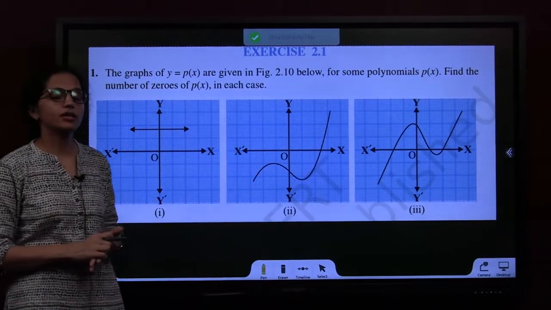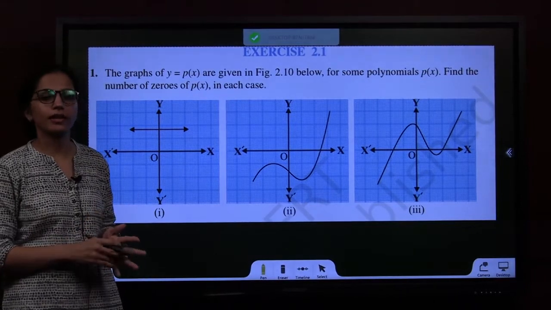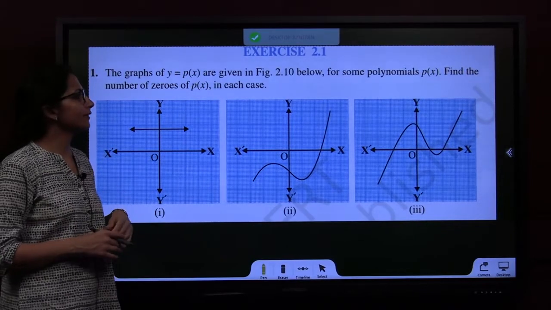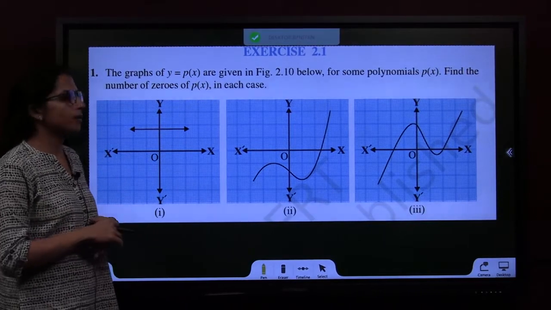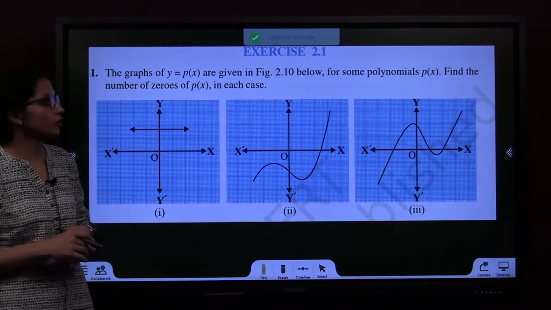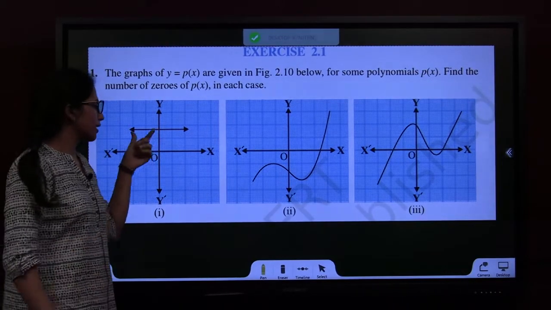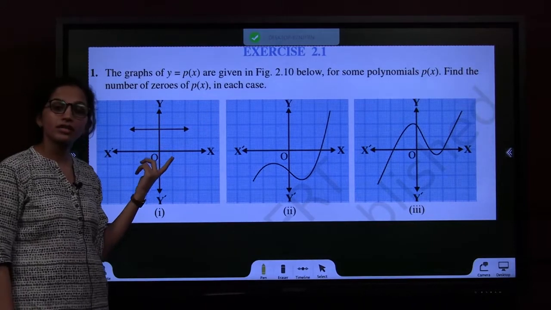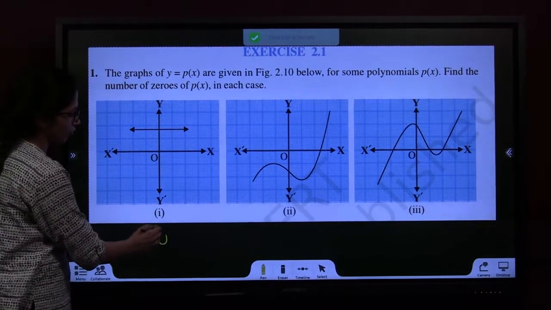Let us begin with exercise 2.1. It's very similar to the example 1 we did. The graphs of y equals p of x are given below for some polynomial p of x. Find the number of zeros of p of x in each case. Is this intersecting your x-axis anywhere? No. So is there any zero? No. So there are no zeros of the polynomial.